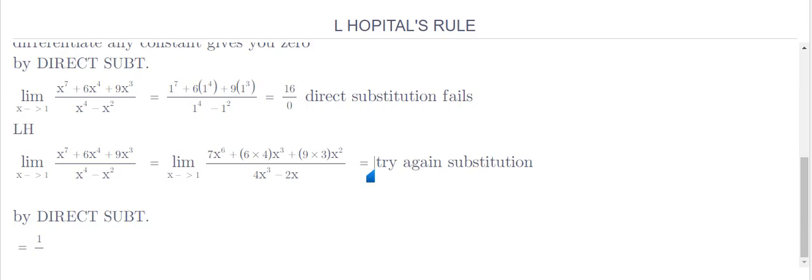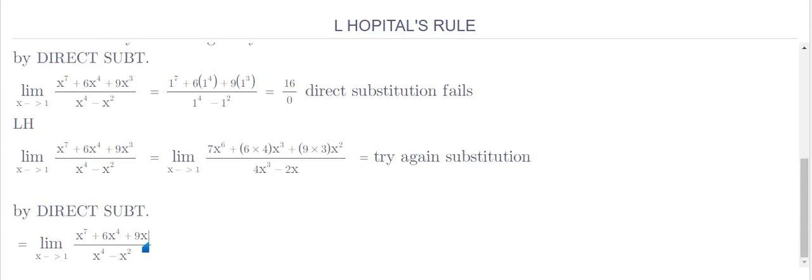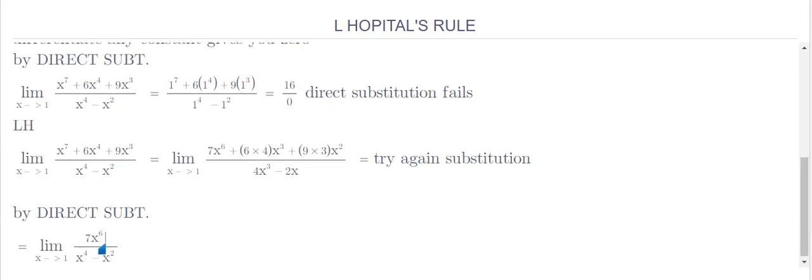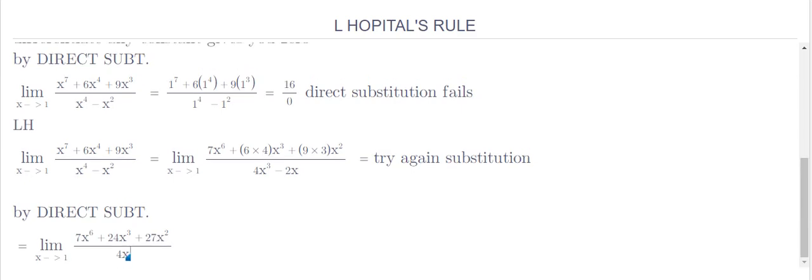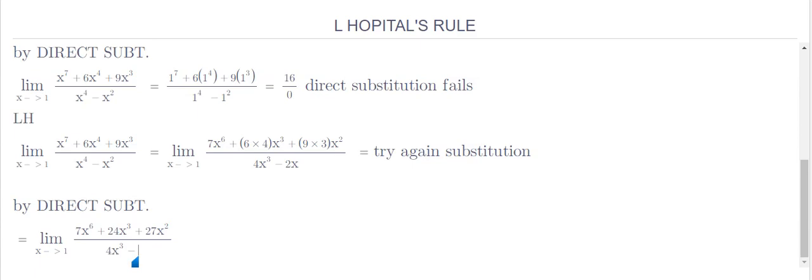So when you simplify this one that we have here, so that I can write it down here, your numerator will be 7x raised to power 6 plus 6 by 4 is 24, 24x raised to power 3, and then we are having plus 9 by 3 is 27, so 27x raised to power 2, and then denominator will be having 4x raised to power 3, I mean, and then in the denominator still will be having 2x.